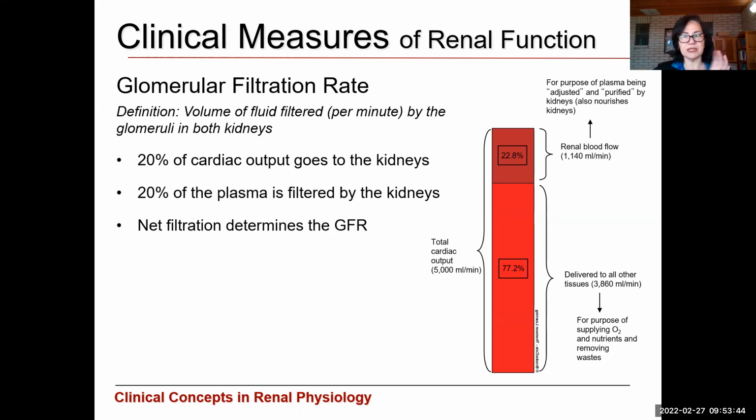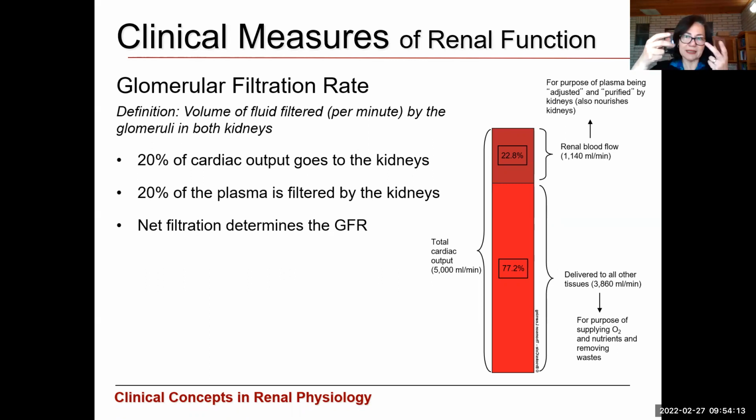All right, so let's put that in context. When the heart pumps, blood goes to all the different organs and all the different parts of the body. Roughly 20% of the blood is heading to the kidneys. And the kidneys are not that big. They're not 20% of the size of the body, and yet they're getting 20% of the blood. The reason for this is because it's not just about feeding the kidneys.